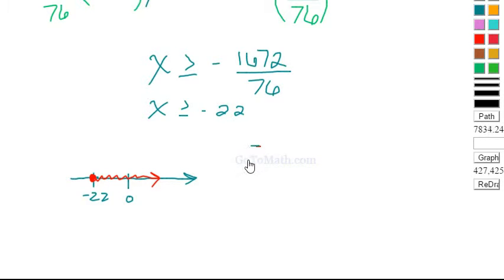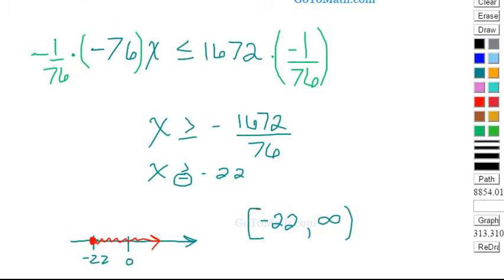The other way we can do this is interval notation. We include negative 22, comma, and then out to infinity. This will always be a parenthesis when we're writing infinity, whether it's on the right or left. But we use a bracket on negative 22 because we include that number.